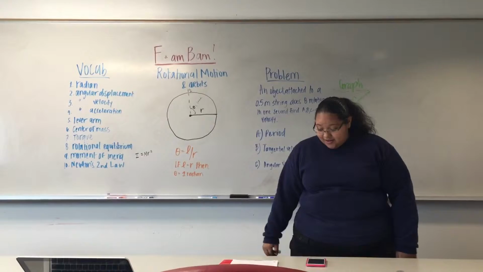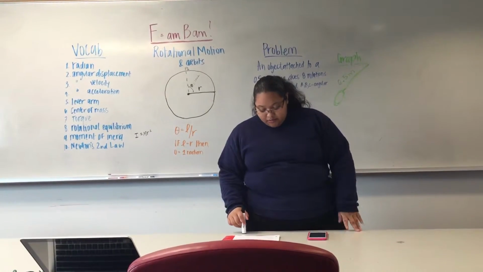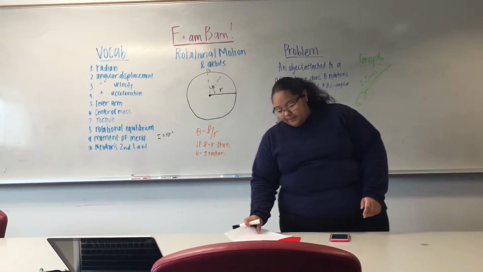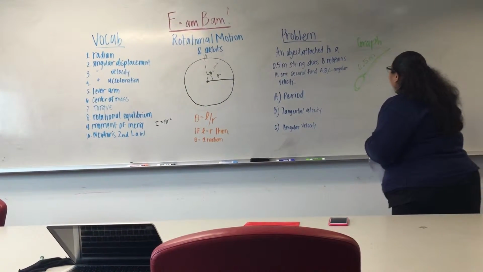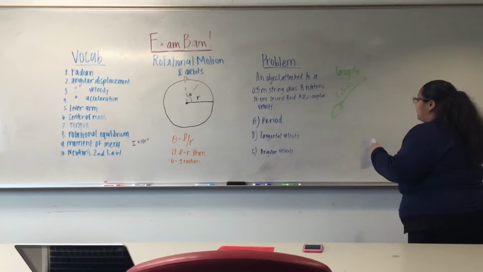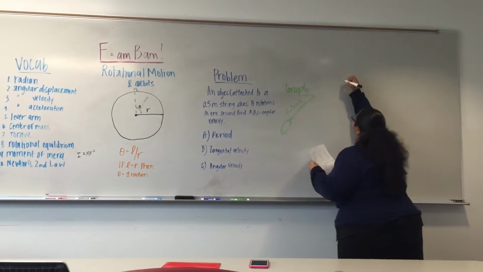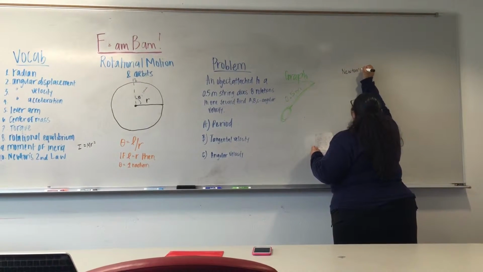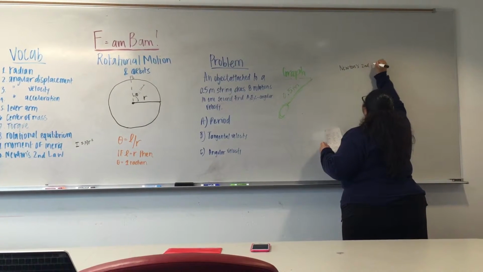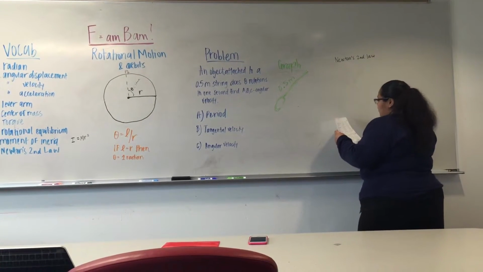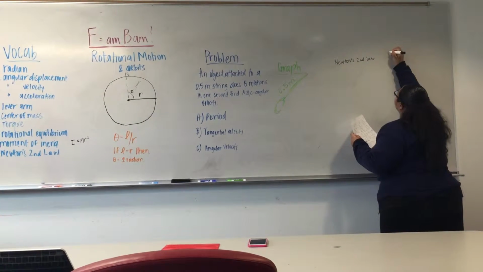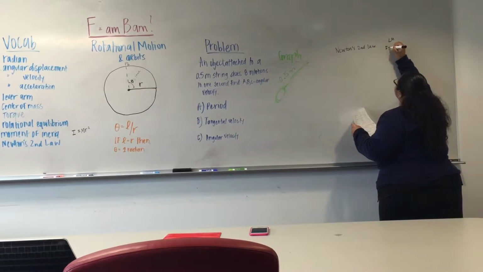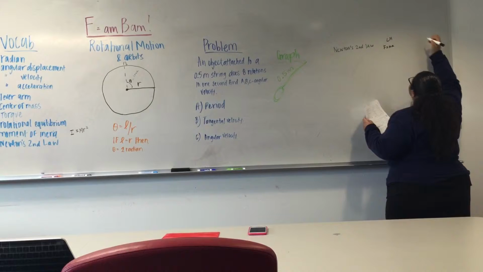These terms follow certain equations, which are quite similar to those of kinematics, also known as linear motion. So let's go here and write down the equations. Newton's second law. If we were to have linear motion, the equation is F equals ma.